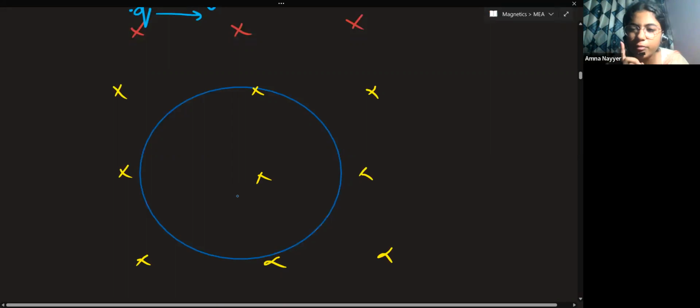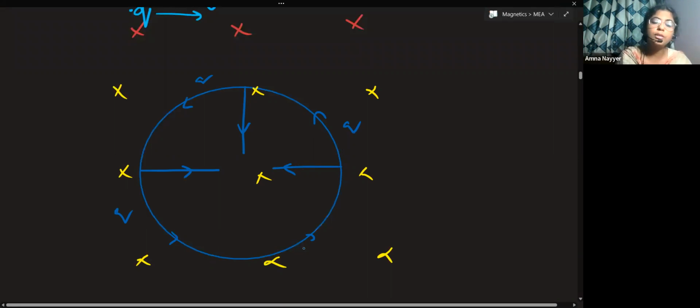Can anyone name from your previous knowledge what is this force that we got? Definitely Lorentz force, magnetic force we are calculating. But there is another type of force that comes when circular motion is involved. Charge was moving like this with velocity. Can you name this force that is towards the center?